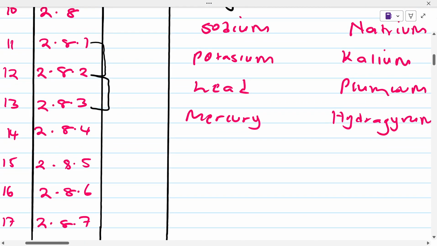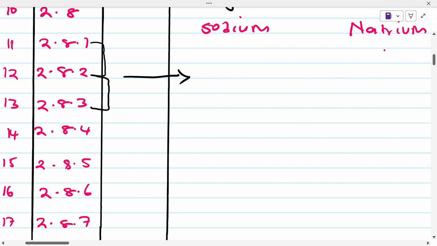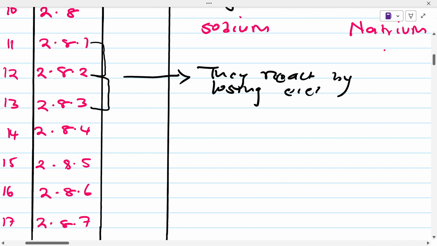So I'm also moving to that given section, and I'm going to do the same. These ones also react by losing electrons.